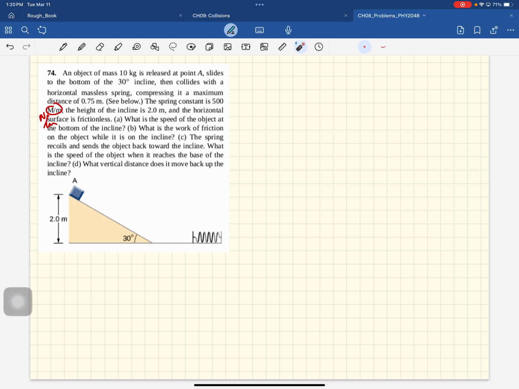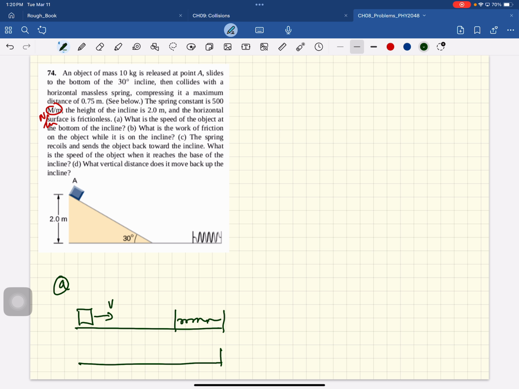So part A, this is the configuration, and it's compressed the spring.